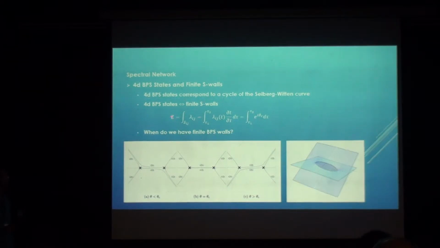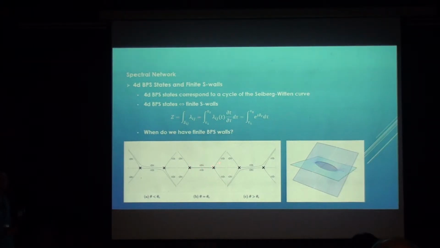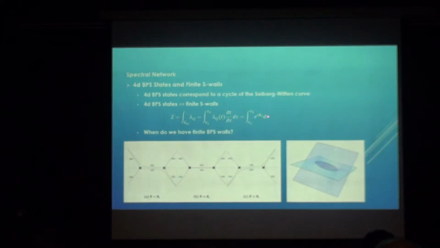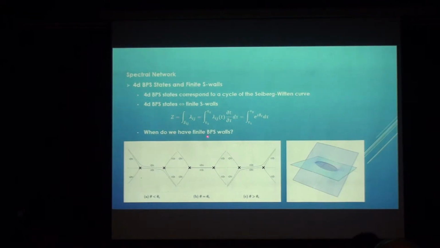The central charge of this BPS state is just the integral of the Seiberg-Witten differential along this cycle, which is the S-wall. From the equation here, the phase of Z is just theta critical, and the mass of the BPS state is just the length of the S-wall.